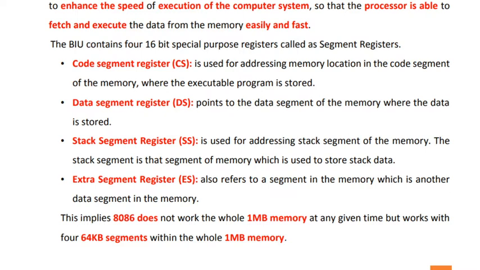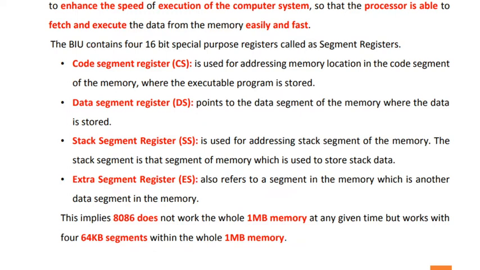So as we have learned in the previous slide, in case of 8086, the memory is partitioned into segments of 64 kilobytes. So here each of these segment registers will point to 64 kilobytes of memory space, which implies that a program in case of the 8086 microprocessor can access up to only 64 into 4, that is 256 kilobytes of memory space.